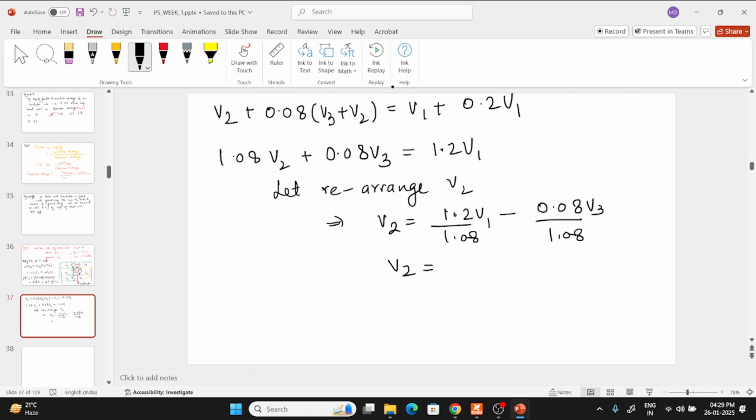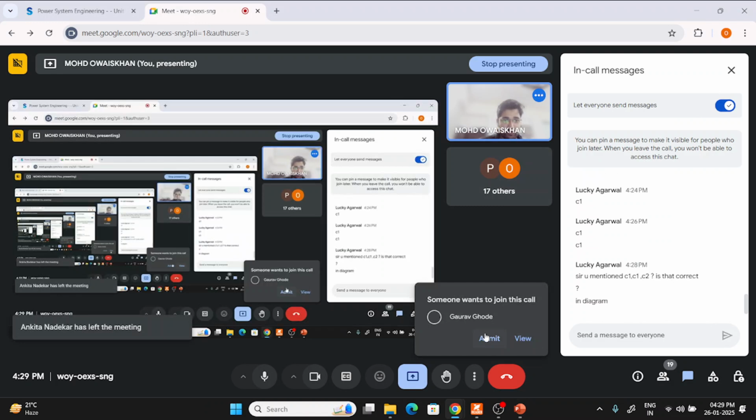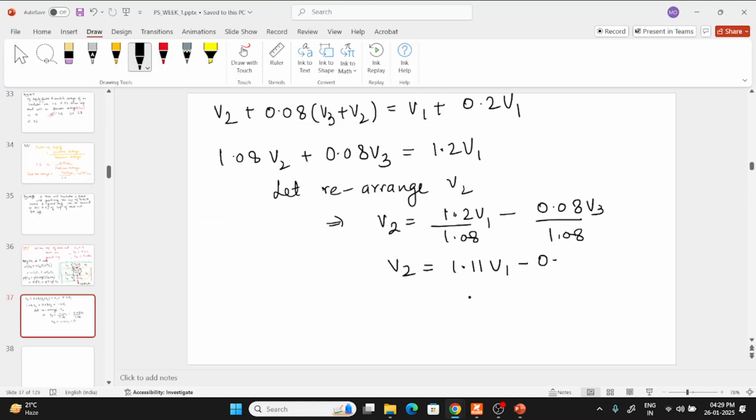You can do the calculation and it will come out to be 1.11 V1 minus 0.07 V3. So let's say this is equation 1.